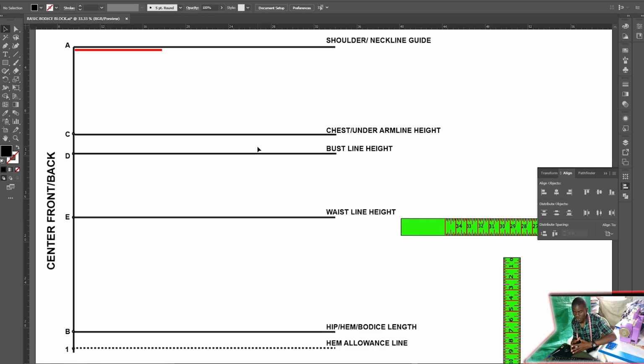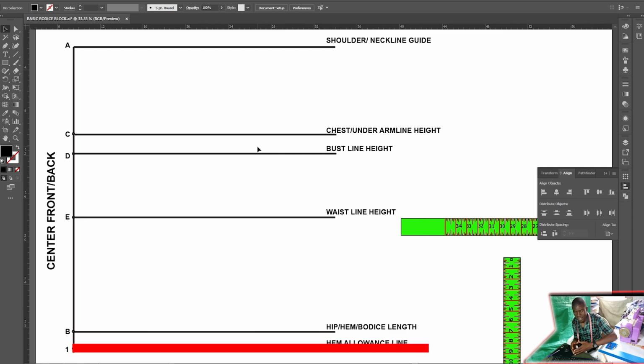A, it must be the shoulder stroke neckline guide. C, it must be the chest stroke under arm line height. Then D, it must be the bust line height. Then E, it must be your waistline height. Then B, it must be our hip line stroke hemline stroke bodice length. Then 1 is our hem allowance.